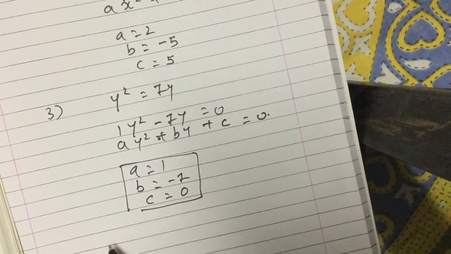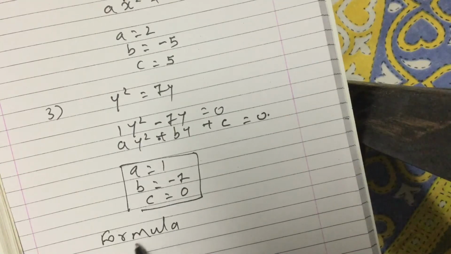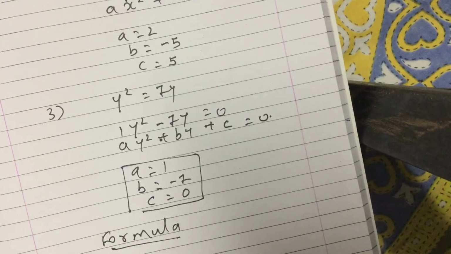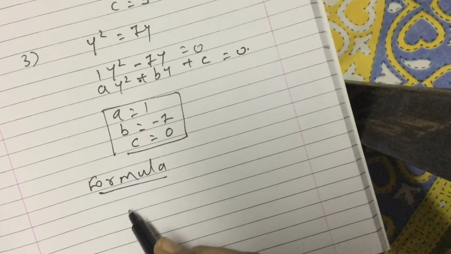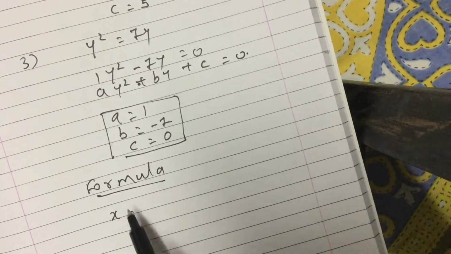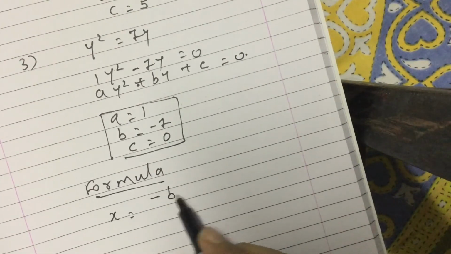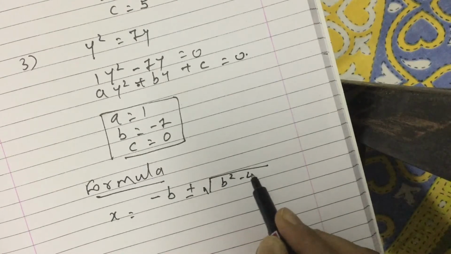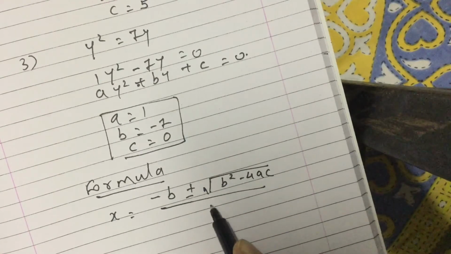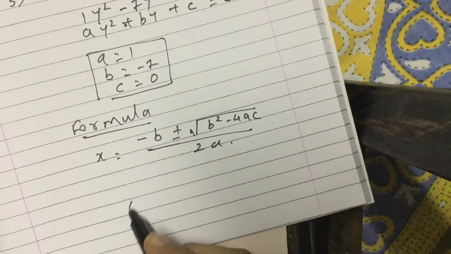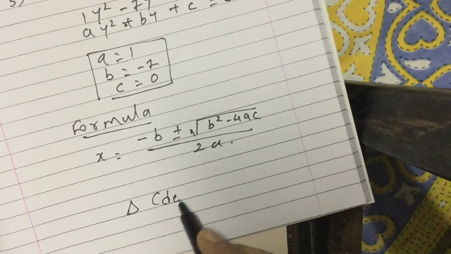And here we have to remember this says solve the following quadratic equation by using a formula, so we have to learn the formula. What is the formula? It's very easy. To find the value of the variable, minus b plus minus under root b square minus 4ac upon 2a. To make this question easy, we find the value of delta.